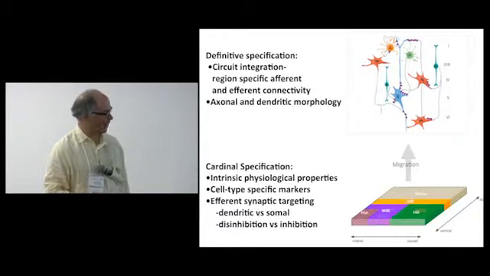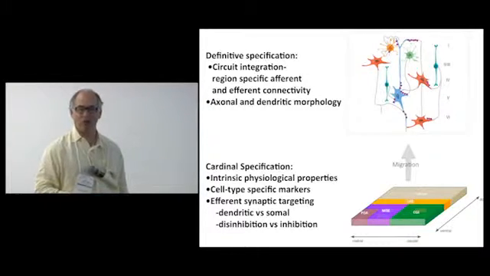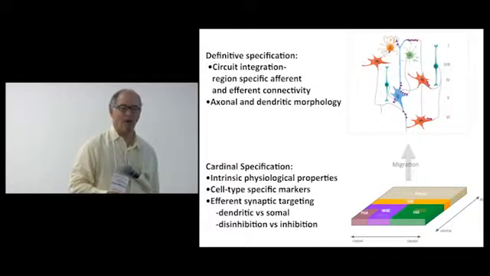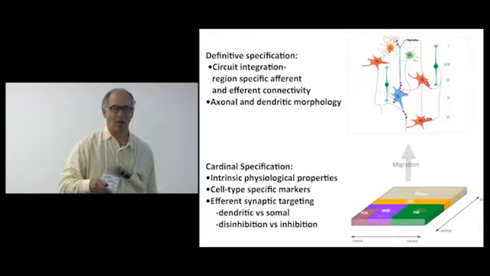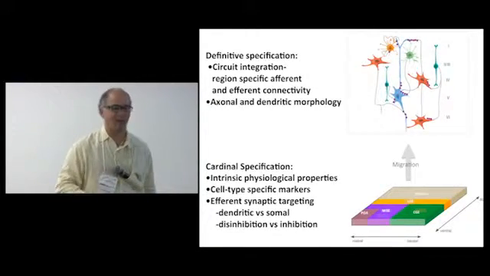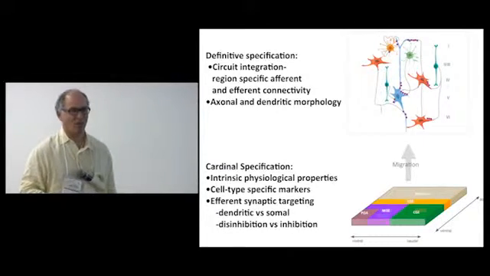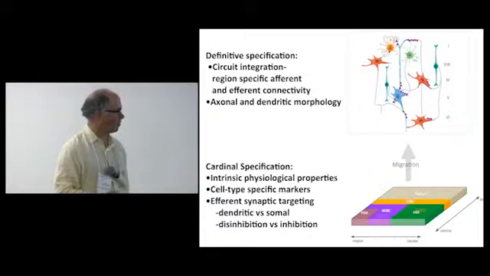So cardinal specification, I think, basically lays down things like intrinsic physiological properties. When you're born, you know you're a fast spiker or a rebound burster, or a delayed spiker, or a stutterer, all the great little physiological terms that describe how they fire when you depolarize them.